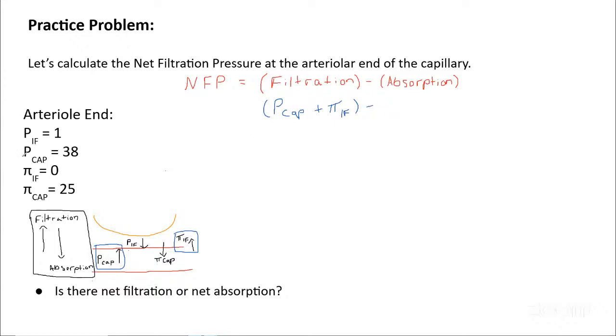The other side, we're looking for our forces for absorption. So we see absorption is this down direction towards the capillary.